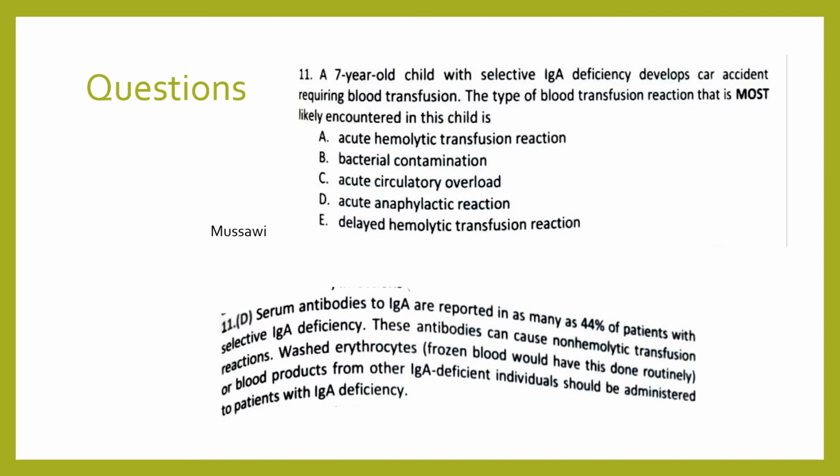Serum antibodies to IgA are reported in as many as 44% of patients with selective IgA deficiency. These antibodies can cause non-hemolytic transfusion reactions. Washed erythrocytes or blood products from other IgA deficient individuals should be administered to patients with IgA deficiency.